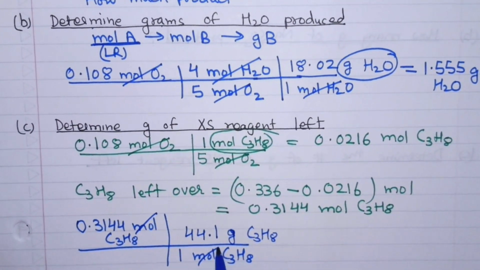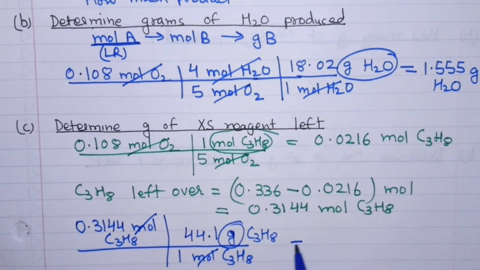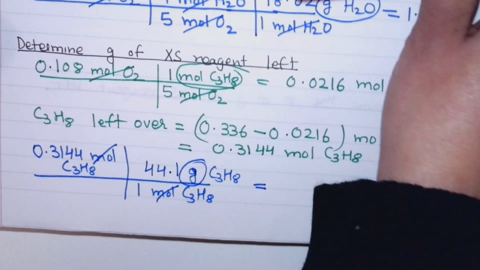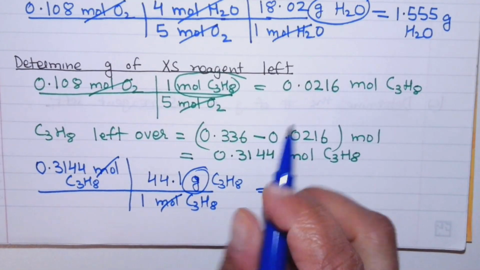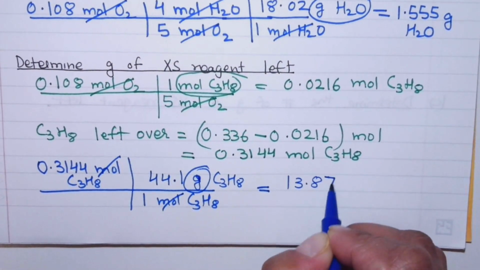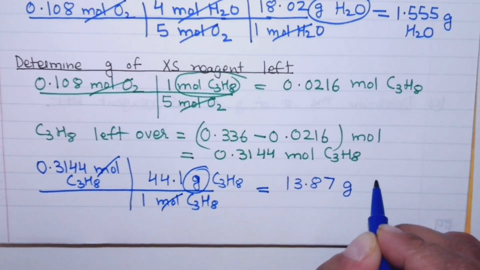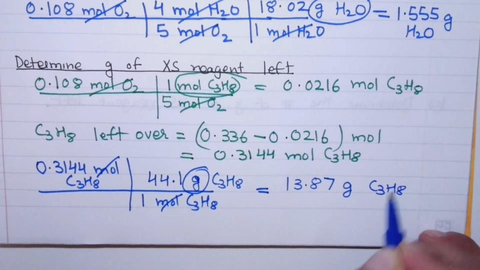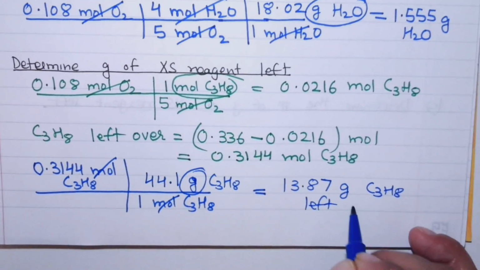Moles cancel out with moles, you get your answer in grams. If you solve, you will get 13.87 grams of C3H8 will be left over.